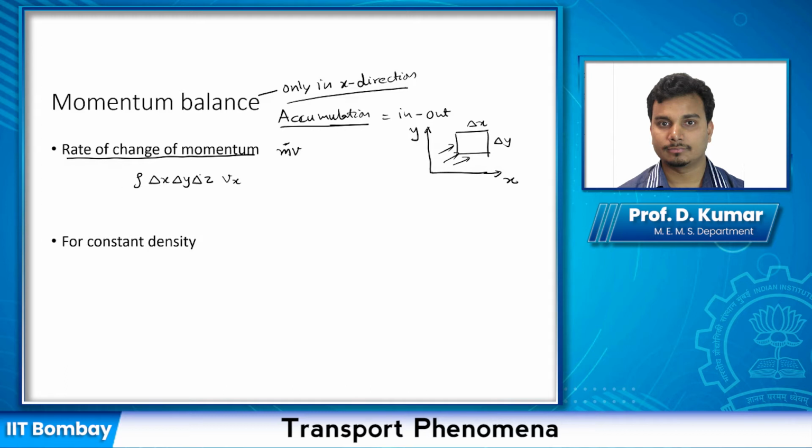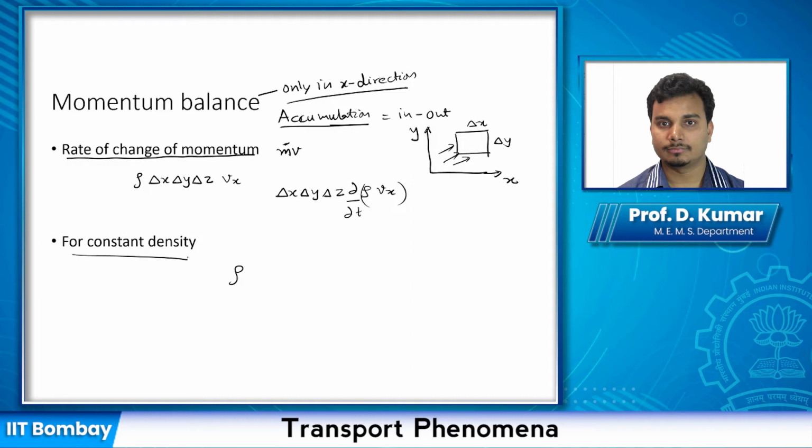So this is your mv term, but you want to differentiate it. Essentially you can write the volume term, delta x, delta y, delta z, outside, then rho Vx, and then the partial derivative dou by dou t of this term. Now if it is constant density incompressible flow, and your density is not changing during the flow, then you can bring that out.